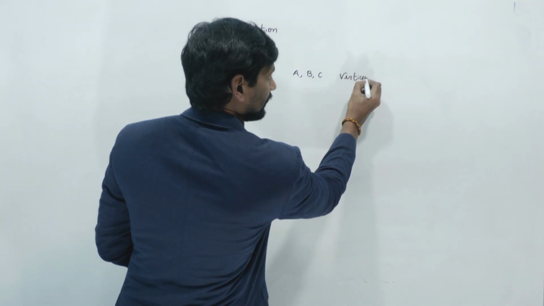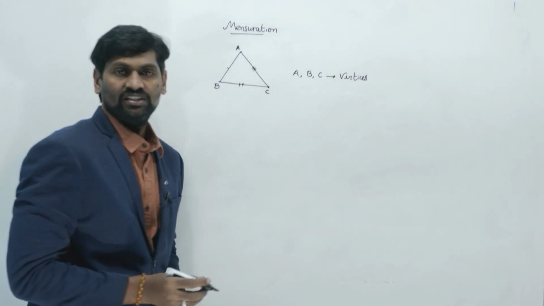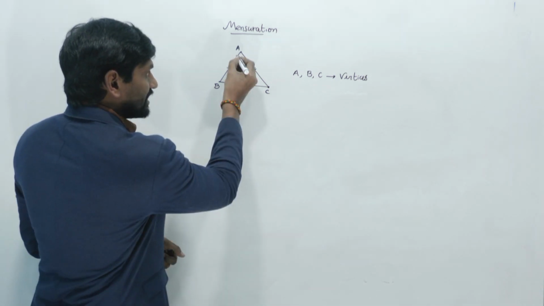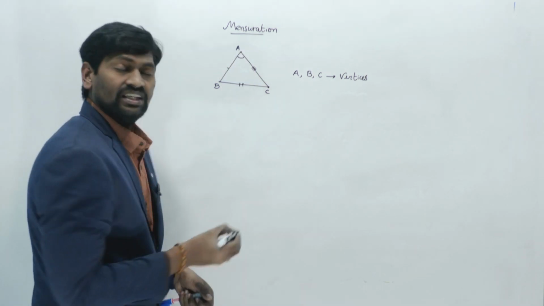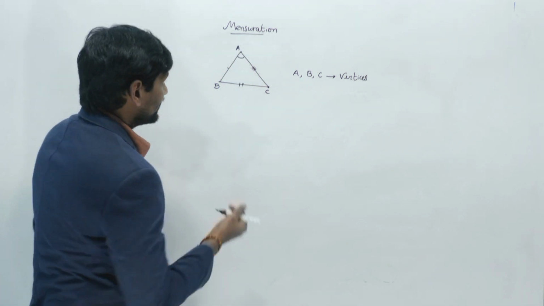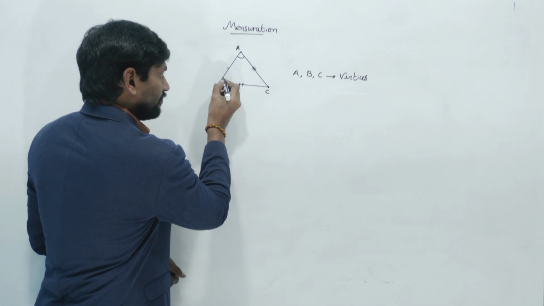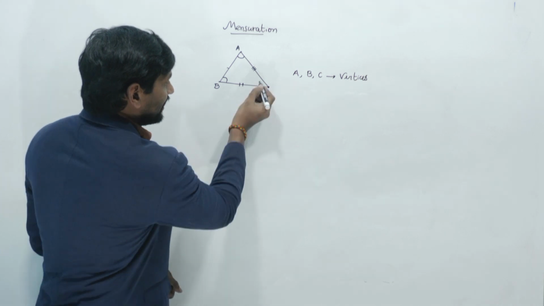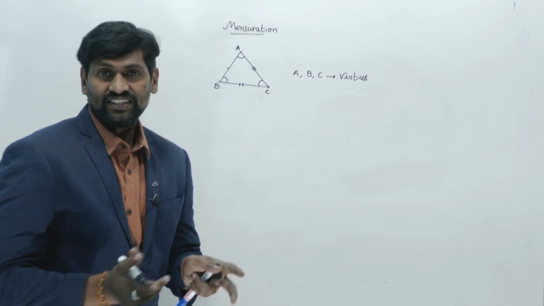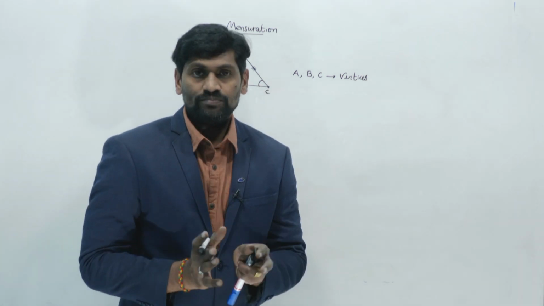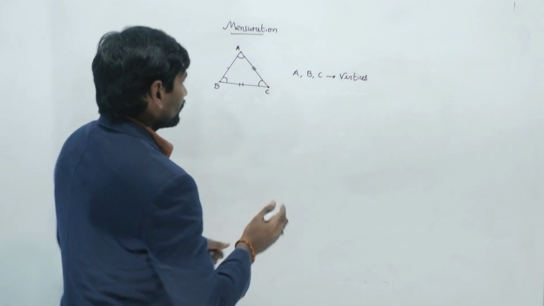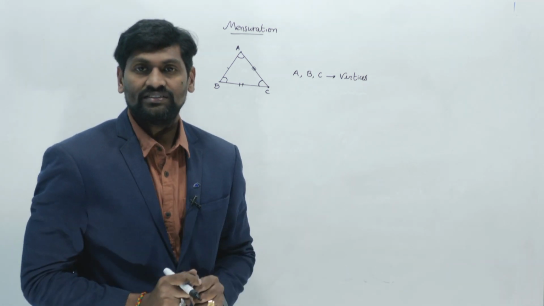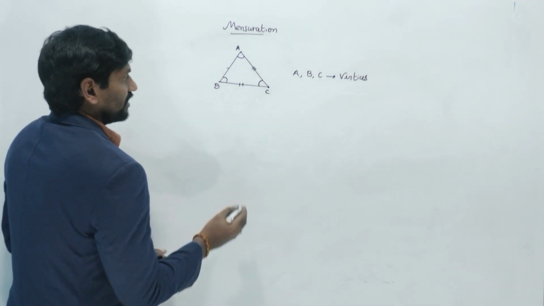Two sides make an angle: AB and AC make an angle at A, AB and BC make an angle at B, and AC and BC make an angle at C. So a triangle has three sides, three angles and three vertices.